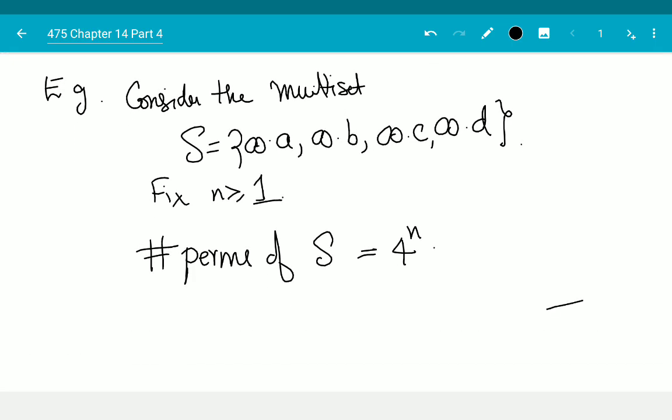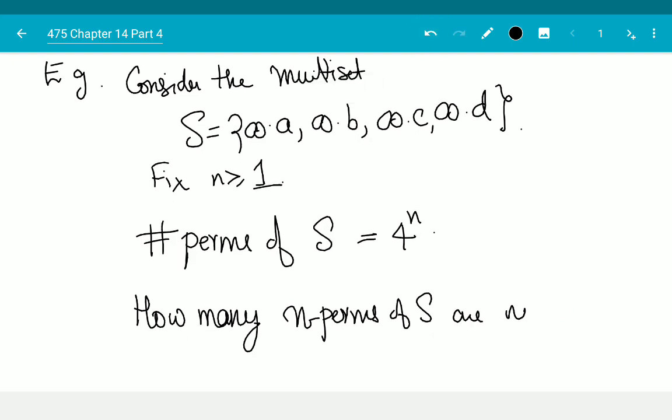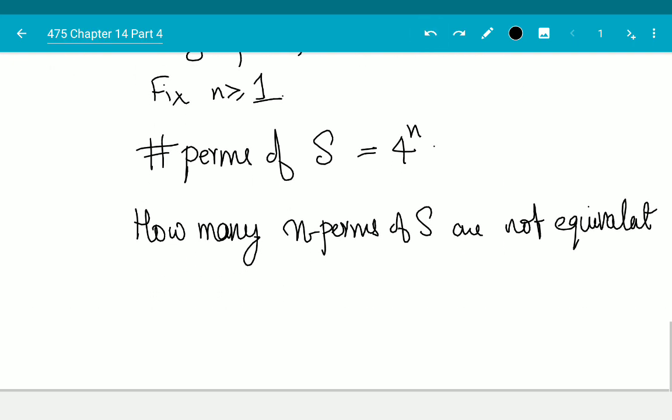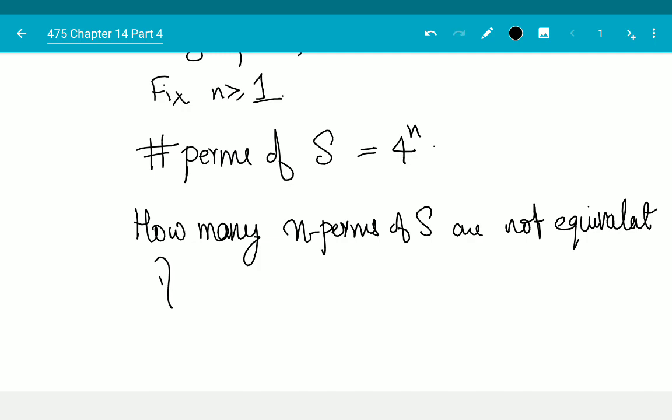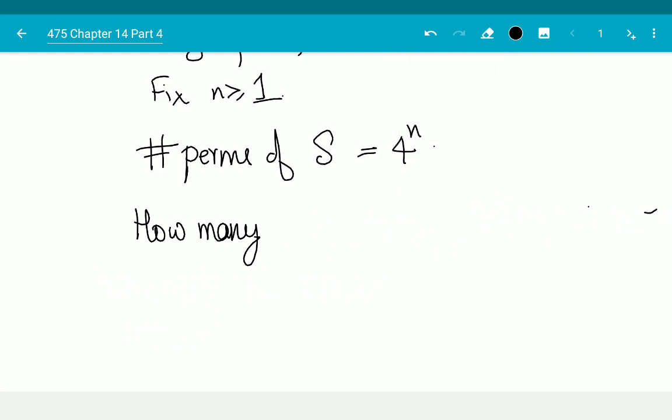Every element has 4 choices. How many n-permutations of S are not equivalent under the equivalence we declare? Let me rephrase this question.